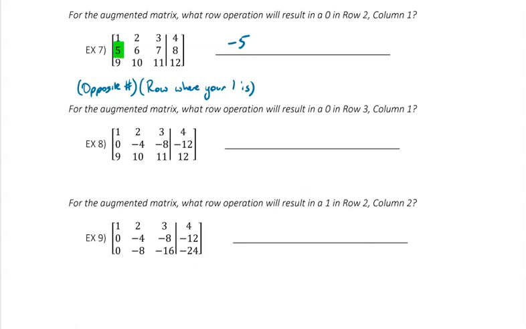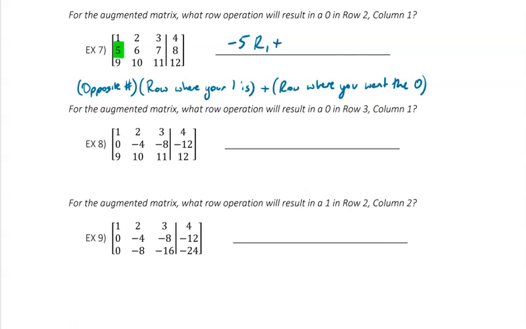So what I mean by that is we have a 1 up here in row 1. That's the 1 that we need to use. So our 1 is in row 1, plus the row where you want the 0.